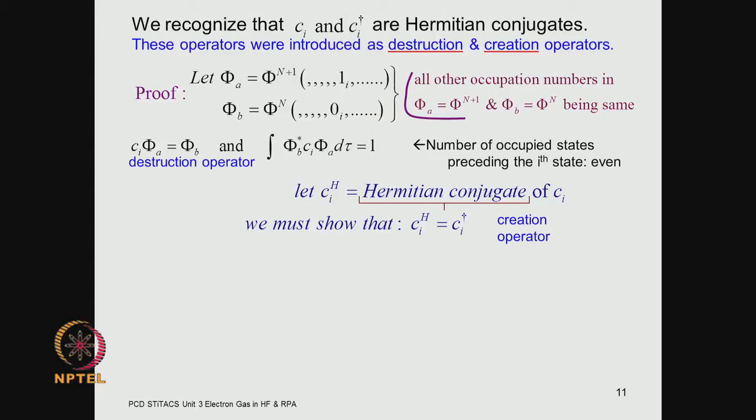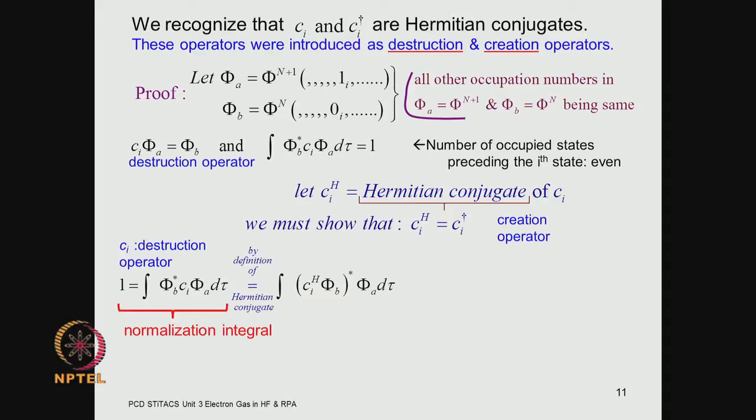Now, if you have a Hermitian conjugate operator for C I, which we anticipate will be the same as C I dagger, but till we demonstrate it I represent it by the superscript H. So, this is the Hermitian conjugate of C I, which is C I H, and we work with the Hermitian conjugate because you have the normalization integral, you take the Hermitian conjugate.